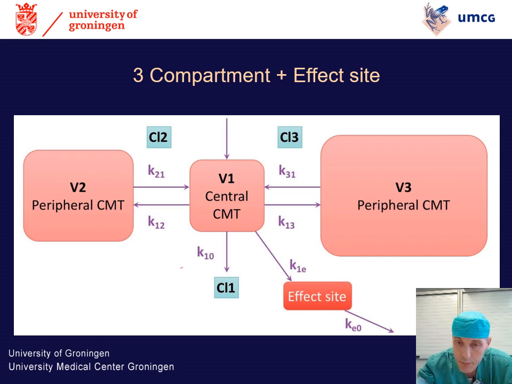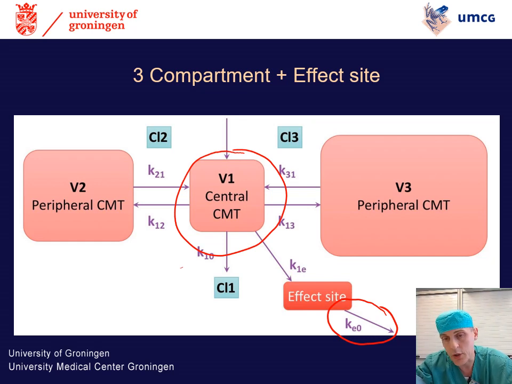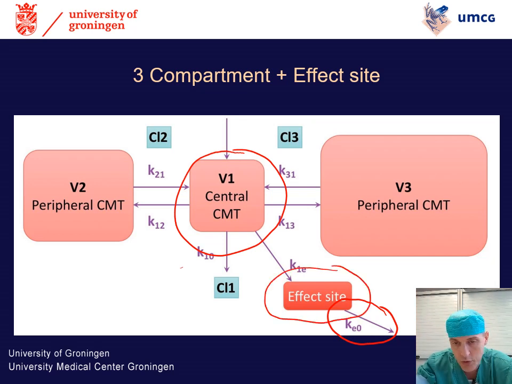Now the driving pressure for this effect site timing is the central compartment concentration or the plasma concentration. This is your driving pressure, and then based on your measured effect you can determine one elimination constant, the Ke0, and the Ke0 applied to your plasma concentration will result in a new time course of a new concentration, which is called the effect site concentration.